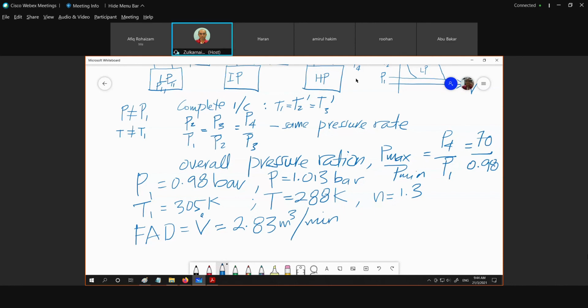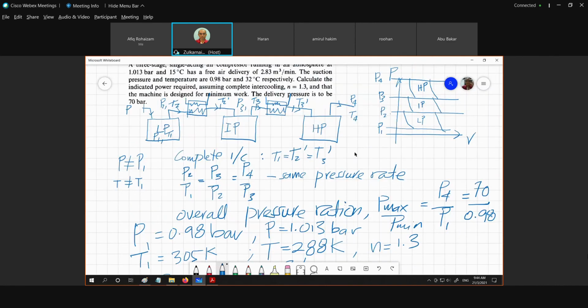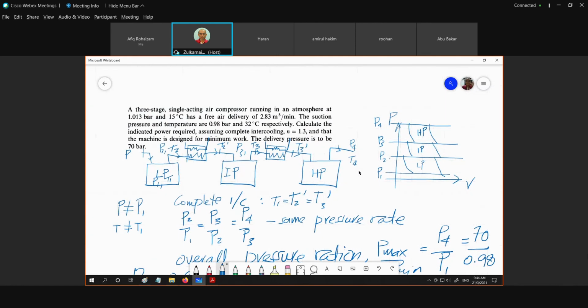Okay? So dalam kes ini apa yang kita nak ataupun apa yang dikehendaki adalah untuk mendapatkan minimum work and the delivery minimum work. Right. So kita perlu dapatkan the indicated power required, so that the machine is designed for minimum work.